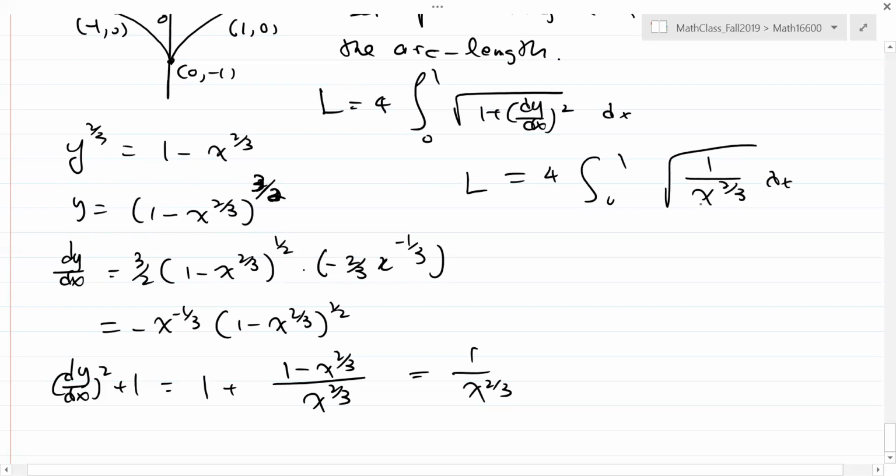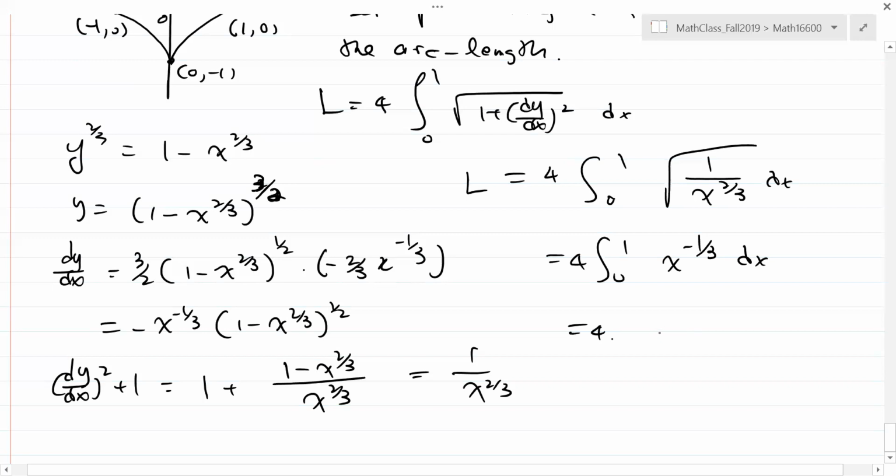And actually, you can evaluate this integral. Right? You can evaluate this integral. And this is an improper integral. You can find the antiderivative of that.